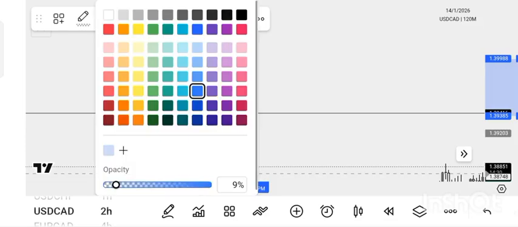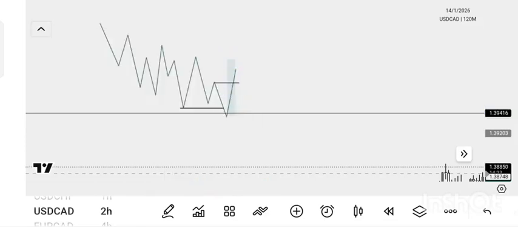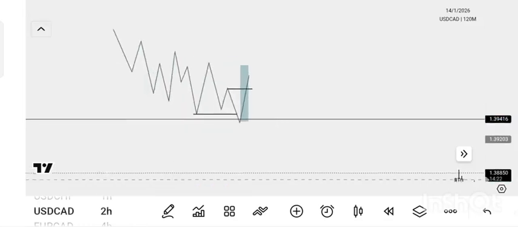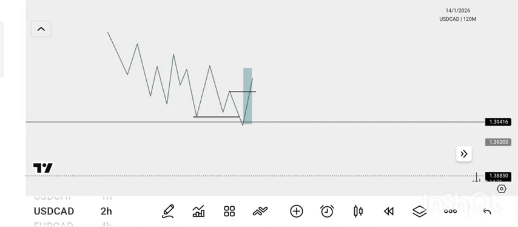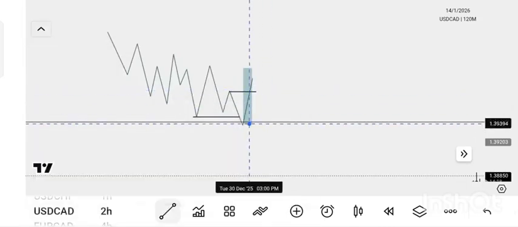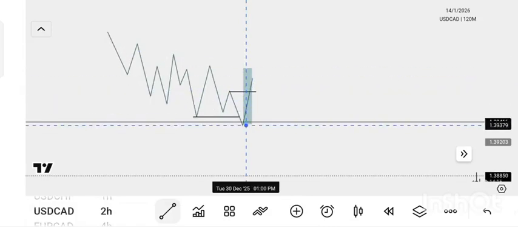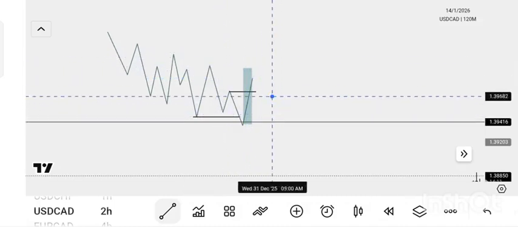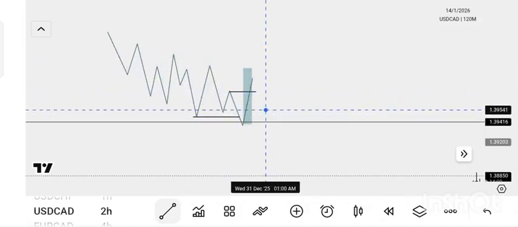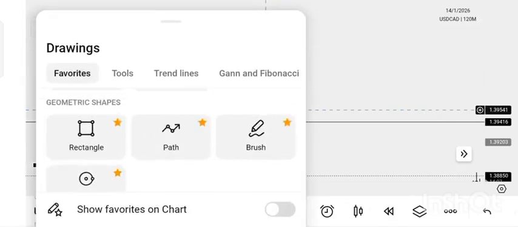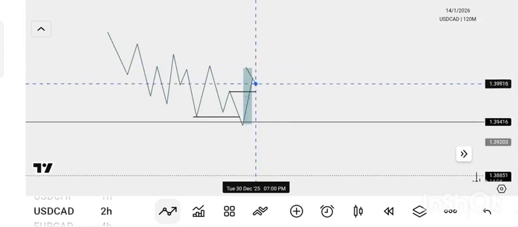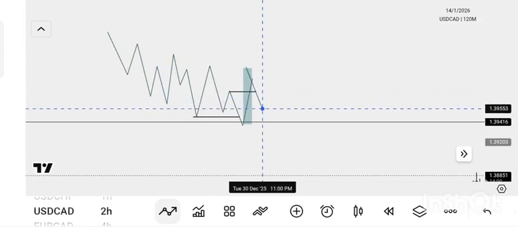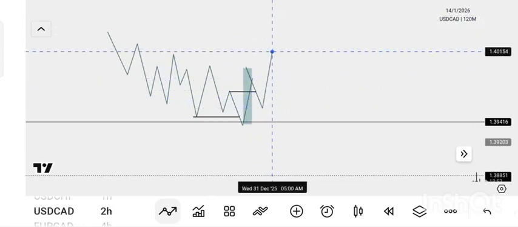Alright, so price closed above it with a full body. This indicates a trend change. So we call it a sweep of liquidity and a break of structure, meaning that we are expecting price to at least come down like this, and then we continue the new move.